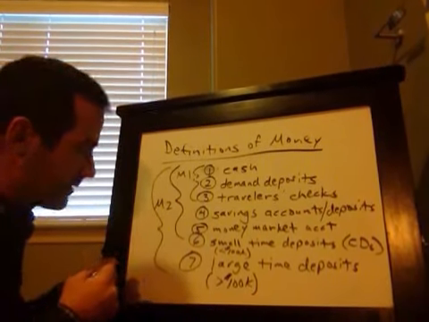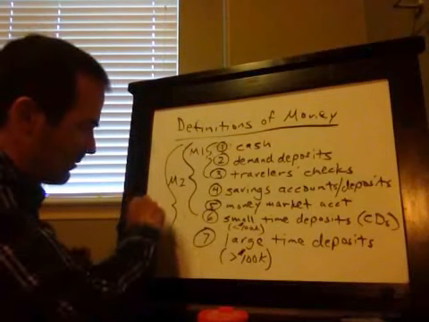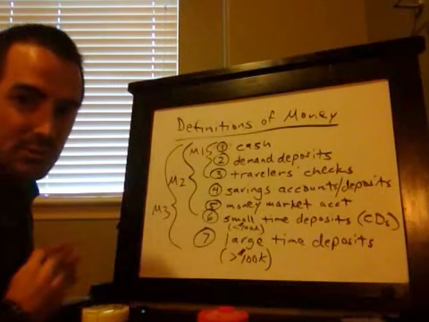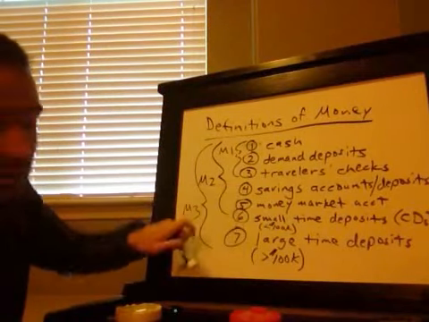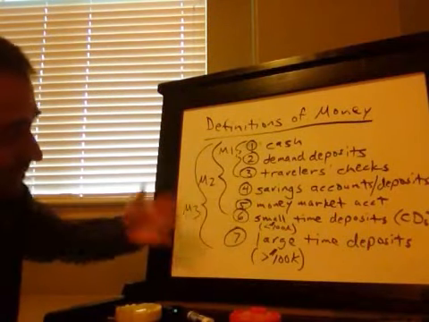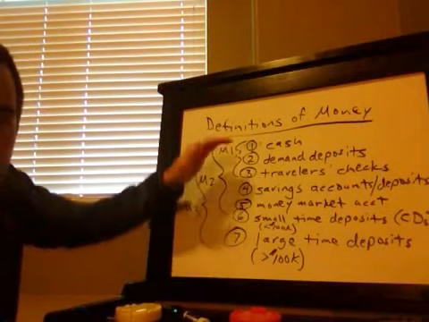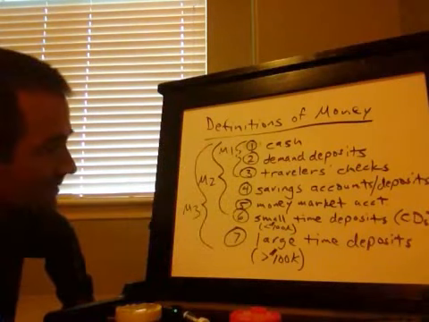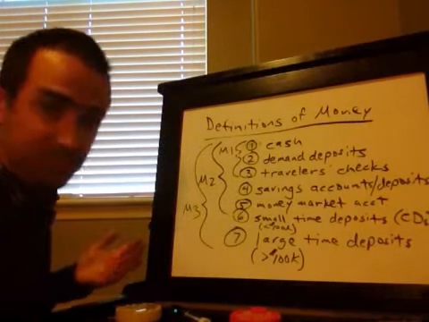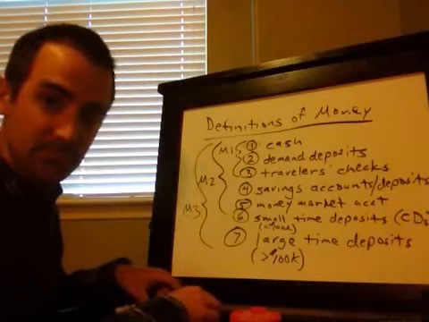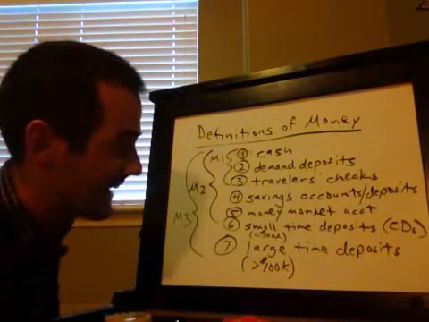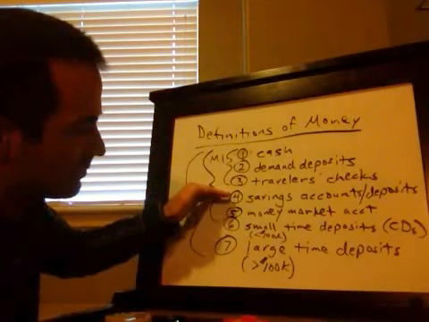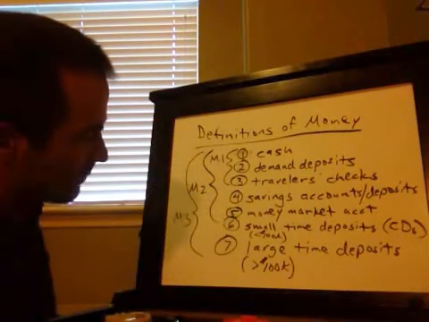Now, you can imagine what a test question would look like. A test question would try to trick you into saying M2 is just these three things. No, M2 is actually all 6 of these things. Or M3 is just this one thing. No, it's all 7 of these things. A test question will give you a list of these with dollar amounts and say add up M2, and try to trick you into just adding these 3 when you want to add all of them together.